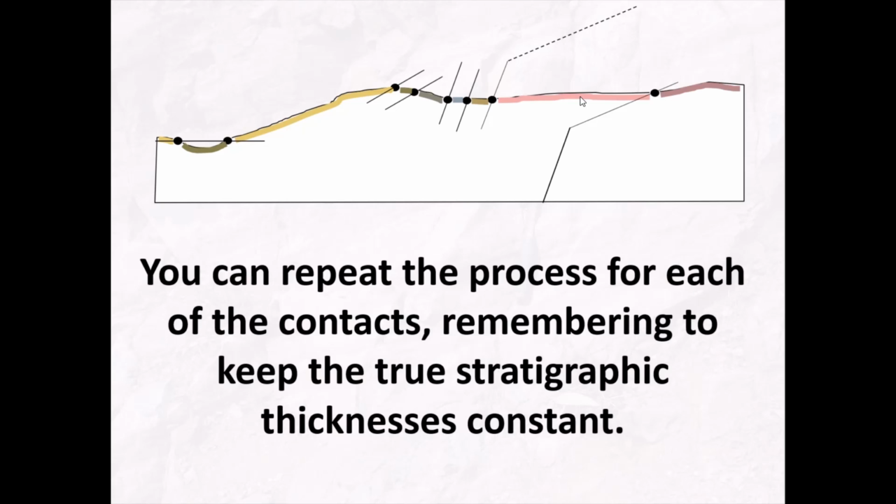But what we could do is continue with our cross section. We can repeat the process for each of the other contacts, remembering to keep the true stratigraphic thickness constant. So for example, I'm going to draw a perpendicular line from this contact here, and at each one of these intersections the beds must kink to be parallel to that top contact.